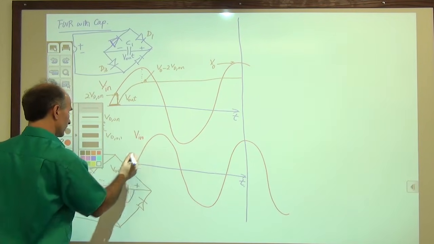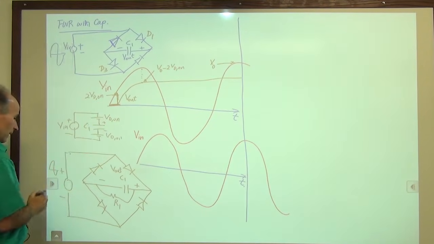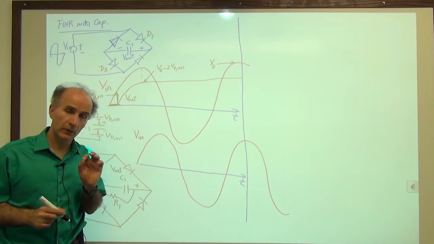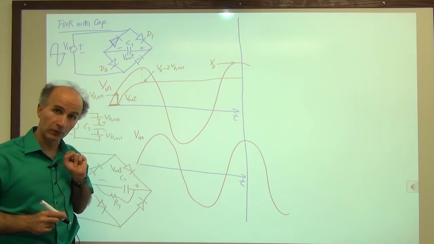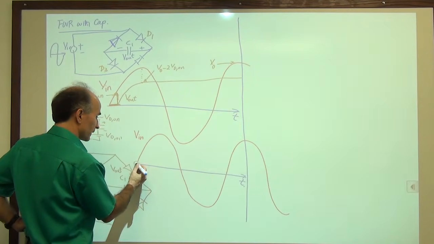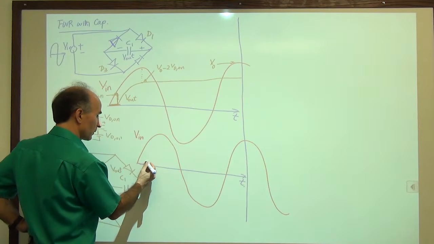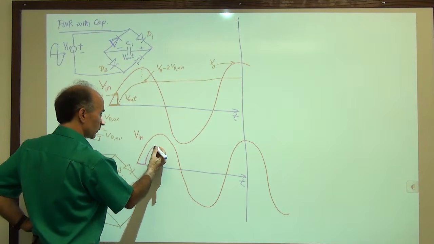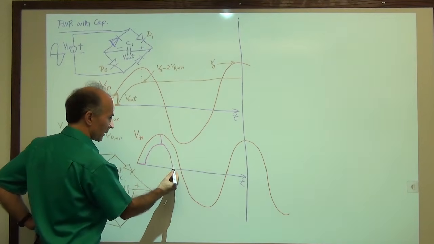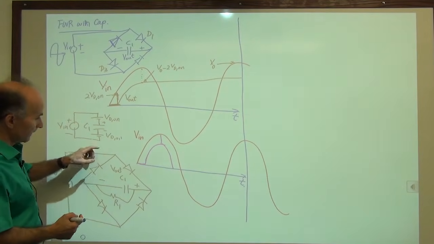And now we change the color and we try to draw the output. So let's first draw the output with only a resistive load. What does it look like? Remember? Well, the way it works is that the circuit turns on and we obtain something like this. Then it keeps on until the input is not enough to keep the diodes on.